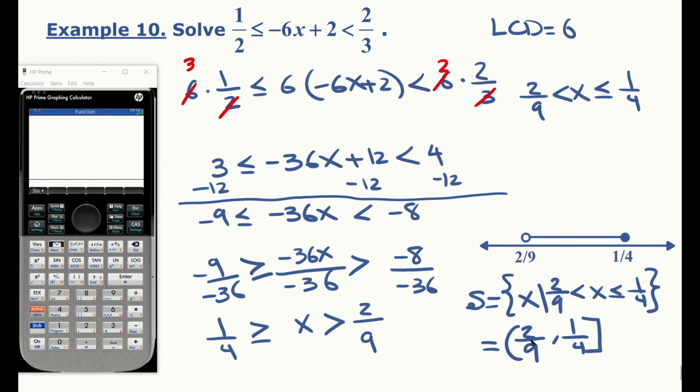So let's say 2/9 and 1/4. Now, it's a little bit difficult to come up with a value in between because they don't have the same denominator. But the easiest way to handle that, since calculators are available, is just to get the decimal equivalent.